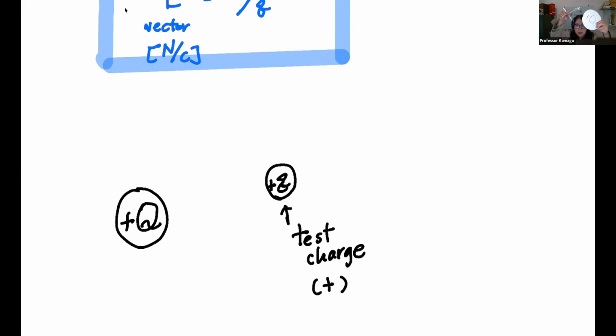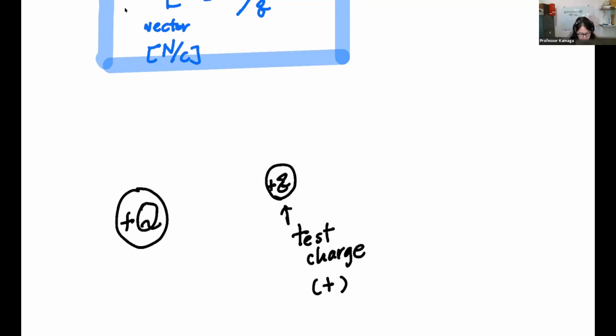So then if we have two charges, it's going to feel the force. We can measure this. By itself, there's no force. It's only a field that's created by this Q. We can't measure it unless we bring in a test charge. Then we can measure.